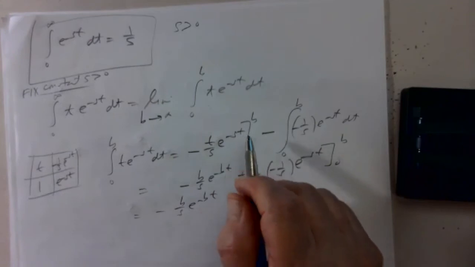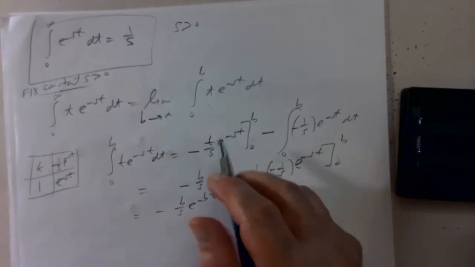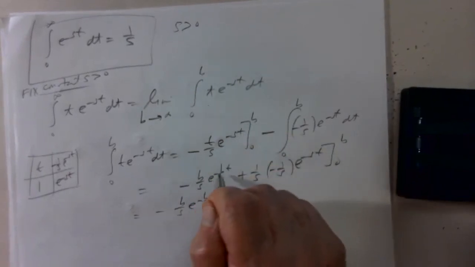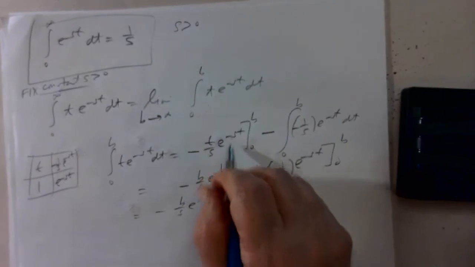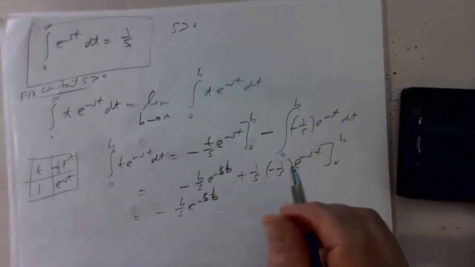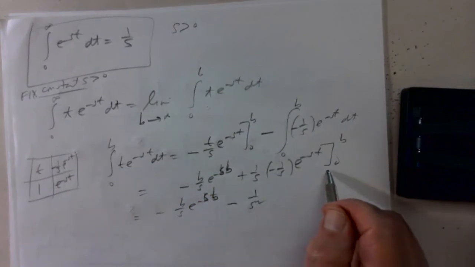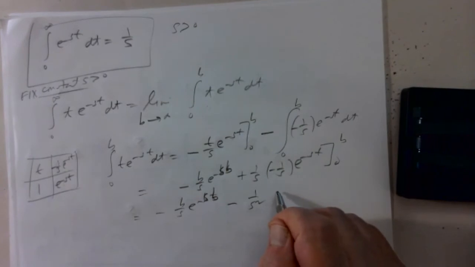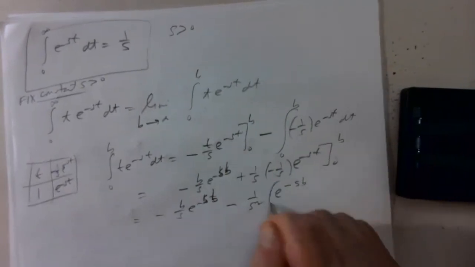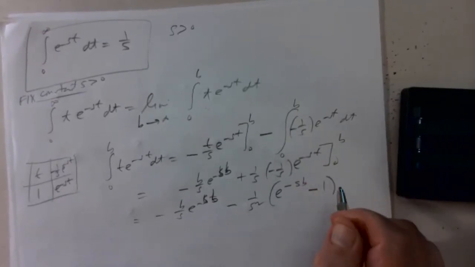Oops, I forgot something. When t is equal to b, this is minus 1 over s squared e to the minus sb, minus, when t is 0, 1.